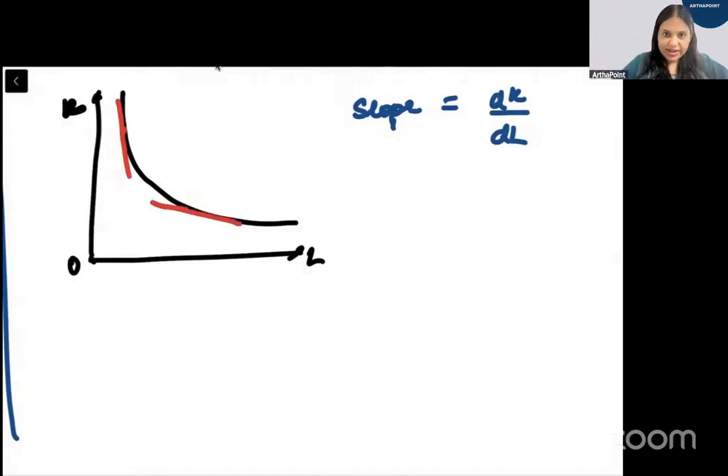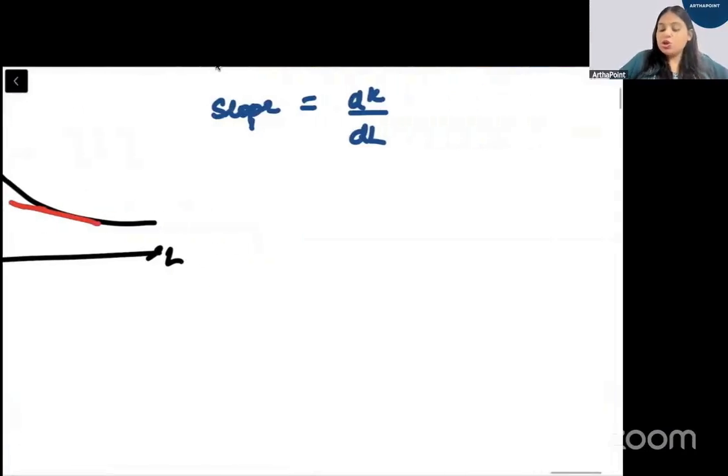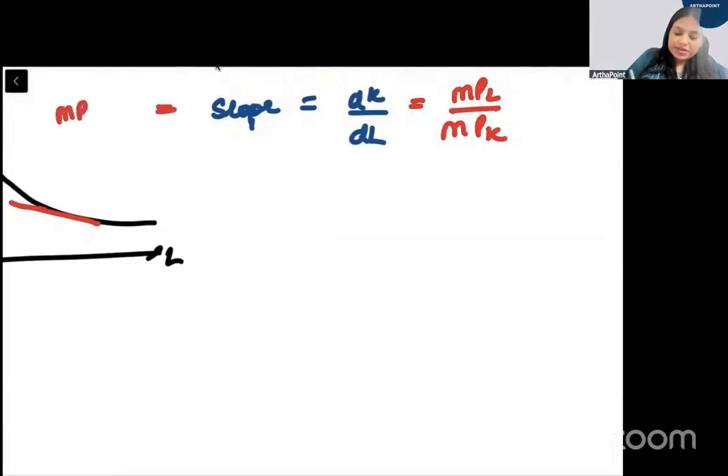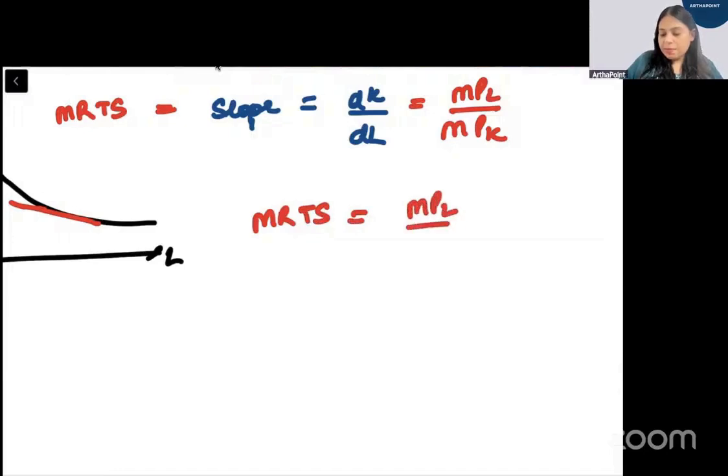That will be the slope at that point. Now the slope of the Cobb-Douglas production function, if we want to find its value, dk by dl can be written as MPL by MPK, right? And the slope is called MRTS, marginal rate of technical substitution. So MRTS is MPL by MPK.